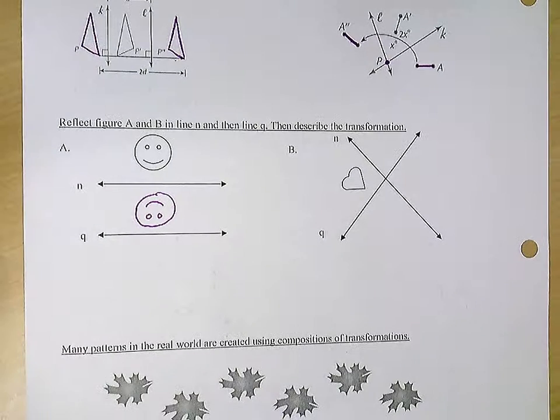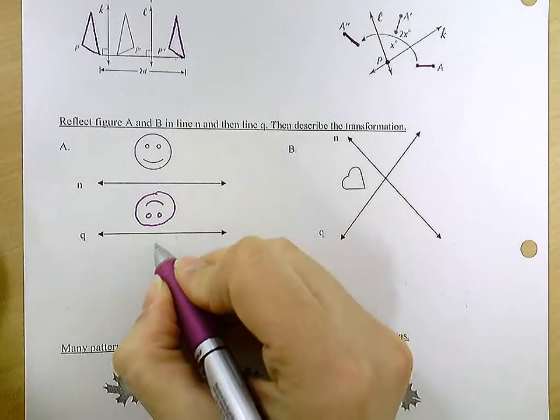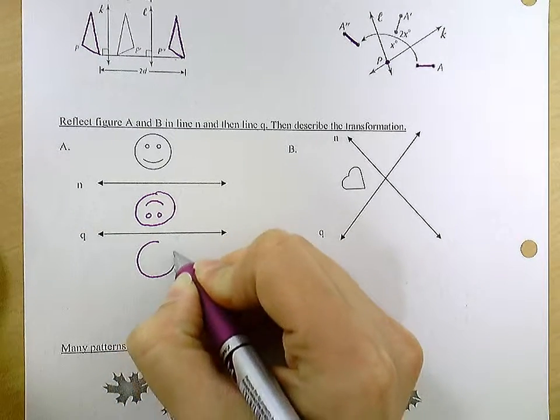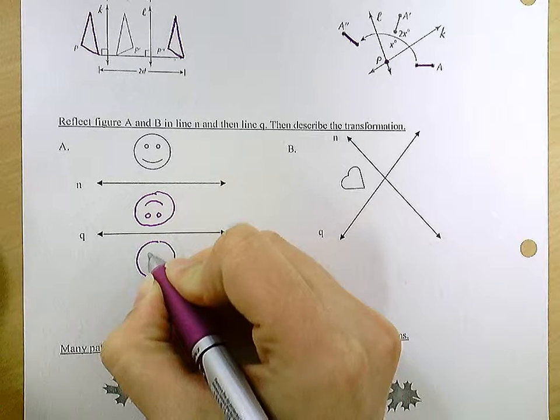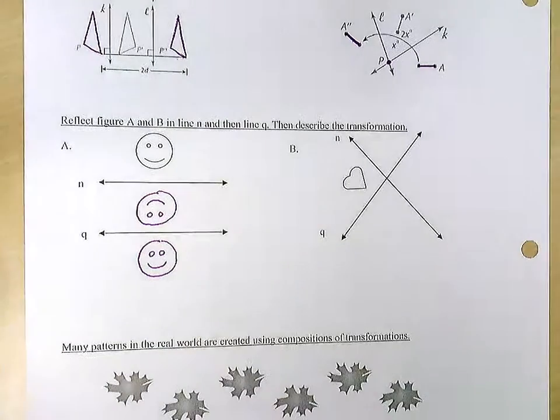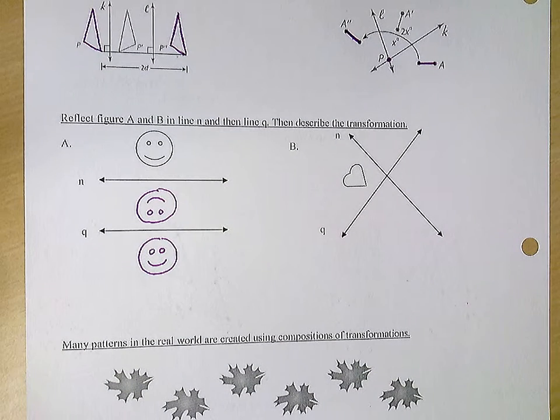So it should be upside down. Reflecting that over line N, it will be upside down. And then reflecting that one over line Q, it would be right side up.